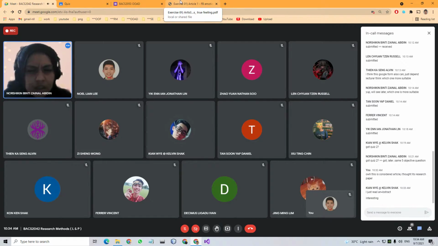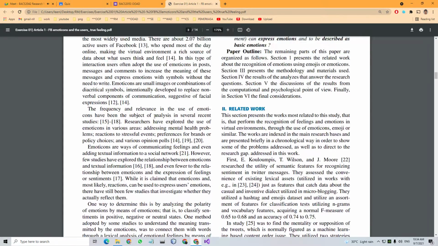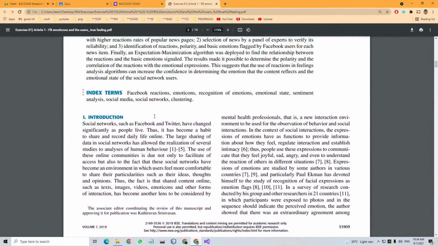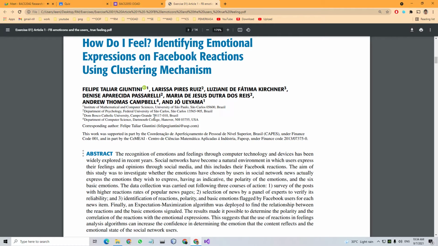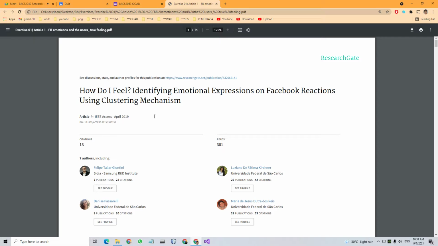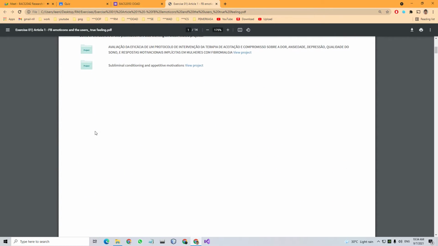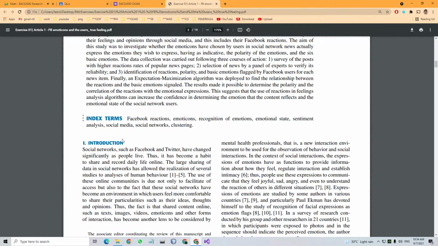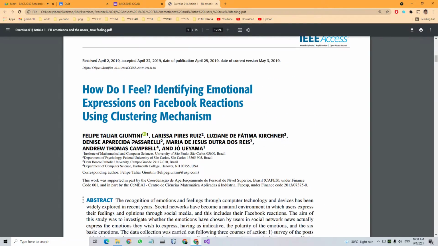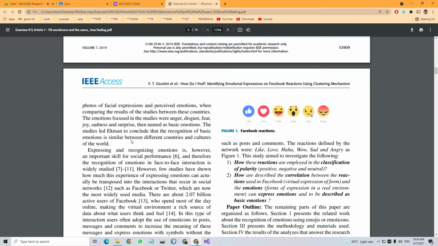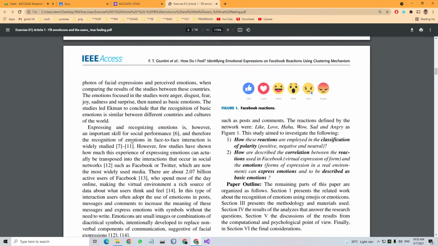Yeah, that's interesting, using emoticons to check the mental state of users. But do you think it's boring to read the article? I don't. You didn't give us enough time to read everything, so I just read the abstract. Yeah, that's enough. That's correct, because I just want to introduce what a research paper is to you guys.